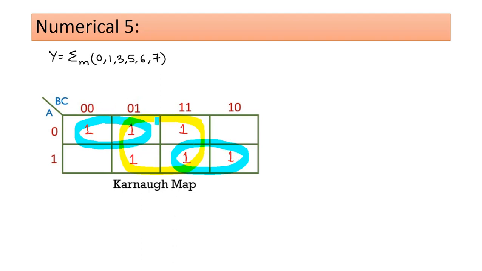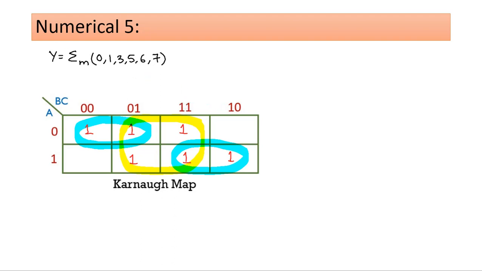Whereas in the yellow group, the middle one, you can see that A bar plus A is getting eliminated and C is common, whereas B bar plus B will get eliminated. Again in the third group, we have A to be common, whereas C plus C bar will get eliminated and B will remain.